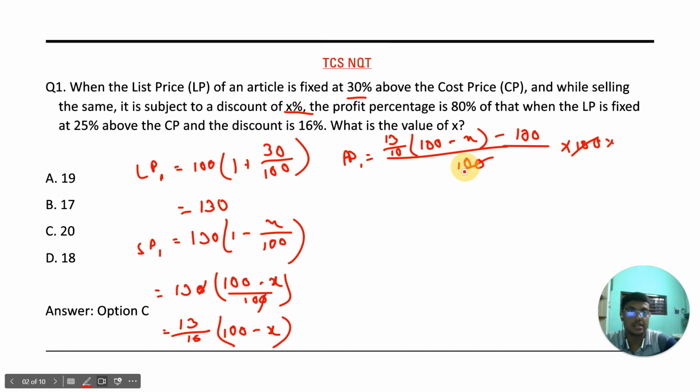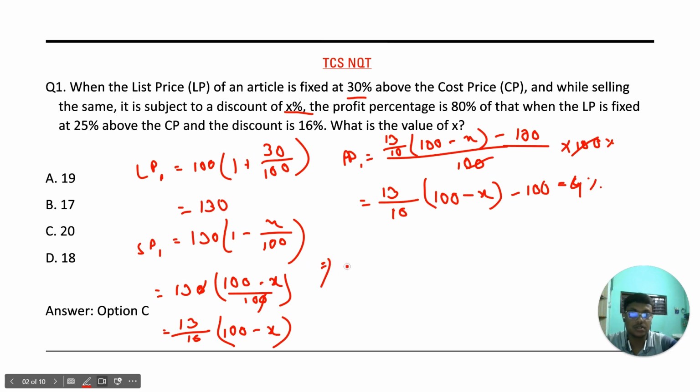So 100 cancelled, which is equal to 13 by 10 into 100 minus x minus 100, and that is equal to 4. As we calculated earlier, we know that profit percent for the first case would be equal to 4%.